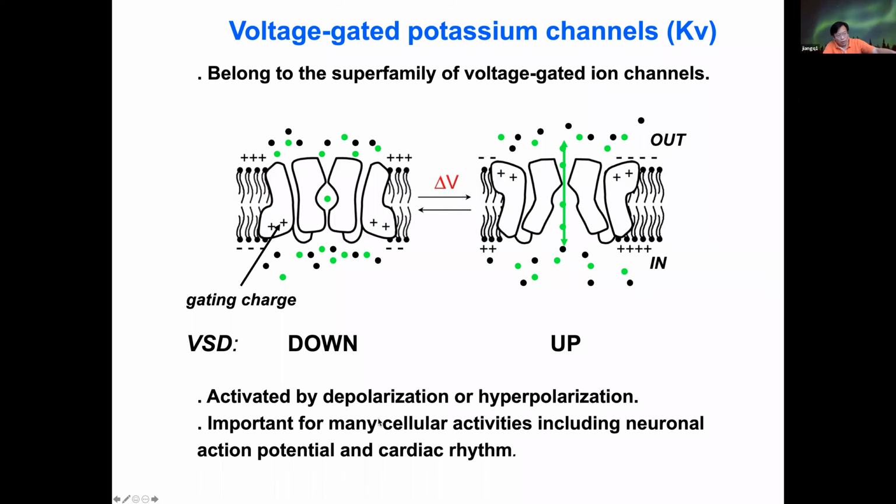And there are two groups of channels, depolarization activated or hyperpolarization activated. You don't have to know the details. The general idea is that you can sense the change of the transmembrane potential in both directions, either going to high or going to very low, going to the negative side, can activate the channels.